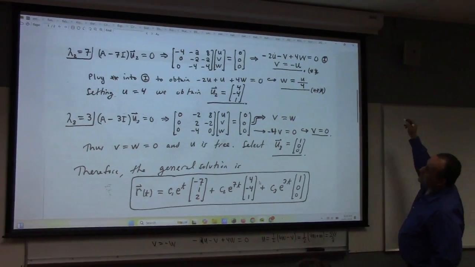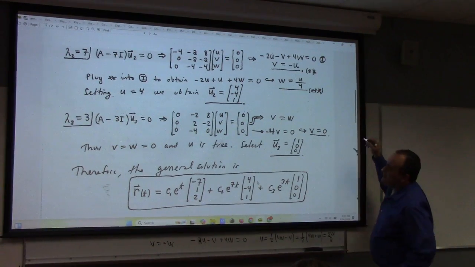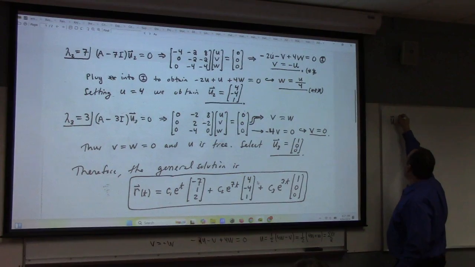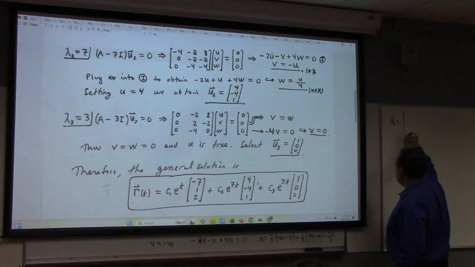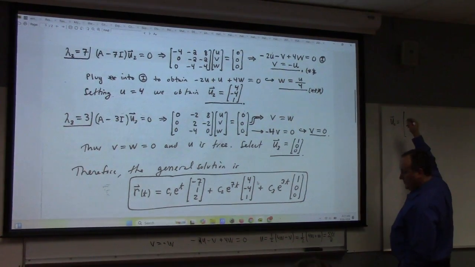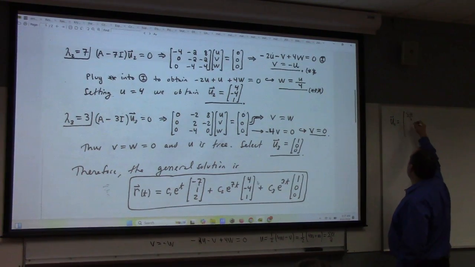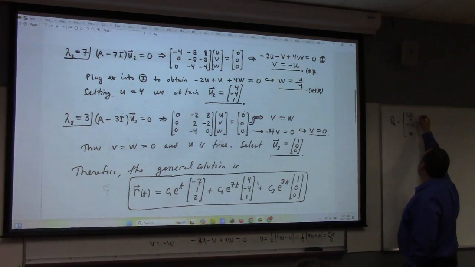let's see here, I can't read my own writing. Is that 2? Yeah, 2. I was using w as the parameter. So I've got 5w over 2 here. My v was minus w, and my w is w.